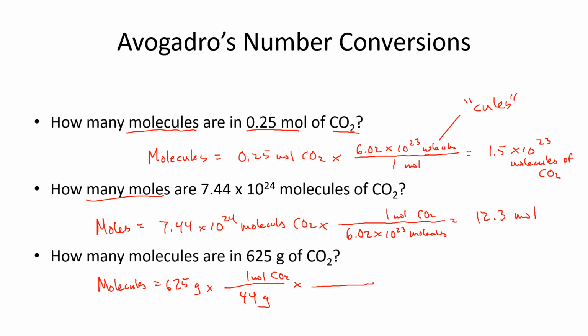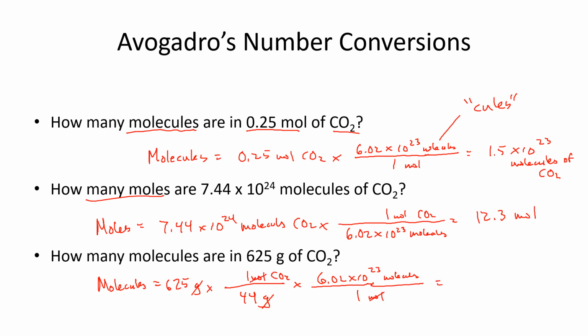And once you have moles, see the grams cancel out here. Once you have moles, then we can use our Avogadro's number. So it's 6.02 times 10 to the 23 molecules for every 1 mole. And moles are gone here now.